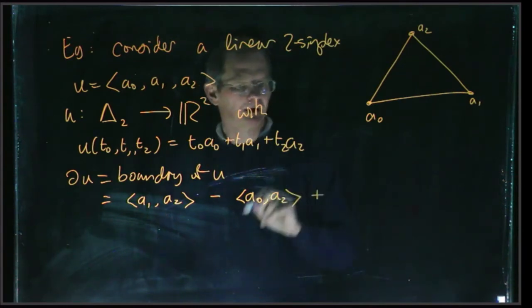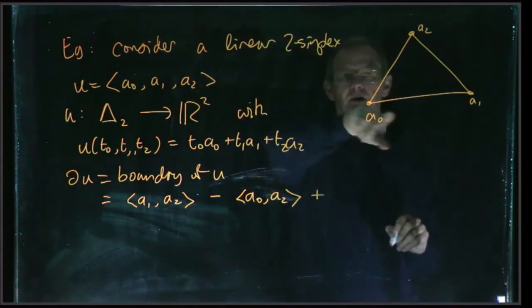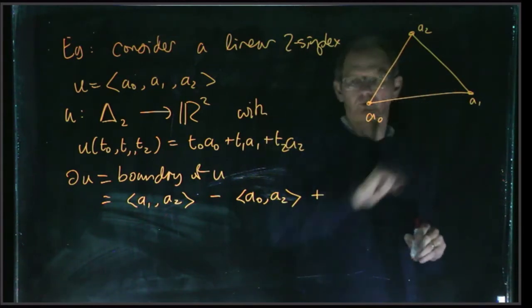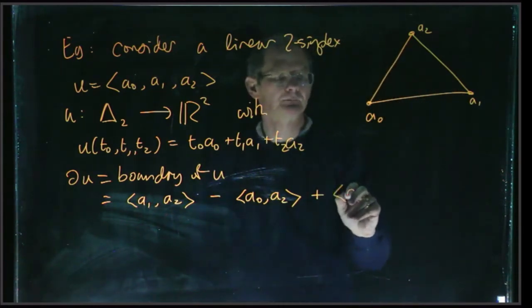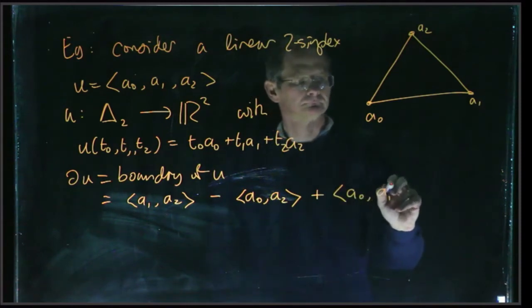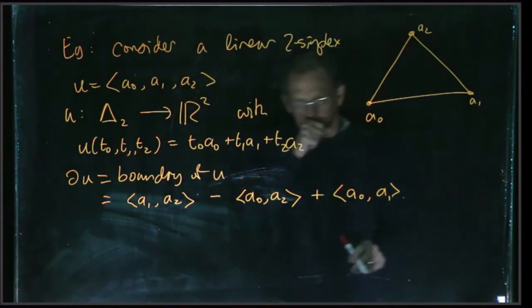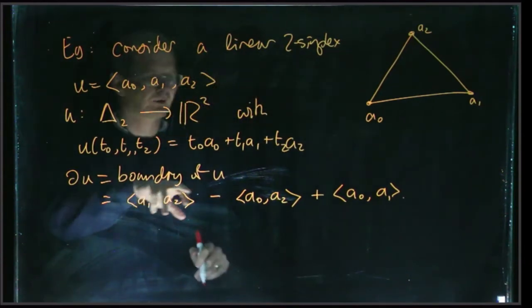I'll explain that minus sign in a second. So here, A1, A2 is this edge, and then we've got that edge, and then we've also got this edge here from A0 to A1.